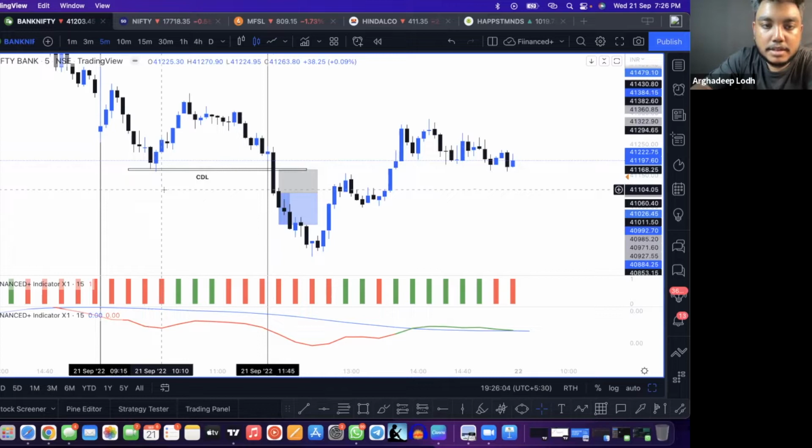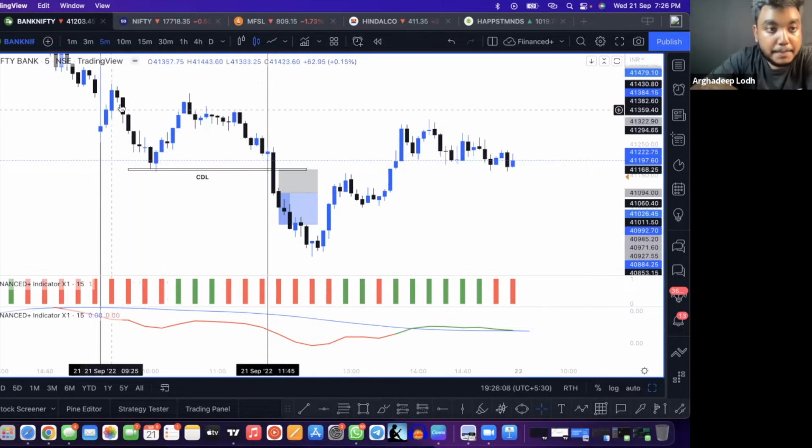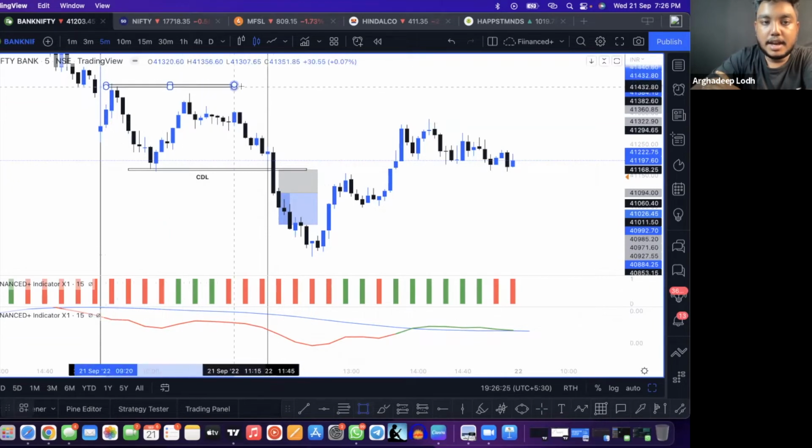Clear? Ekdam. Because till then, the lowest price point Bank Nifty reached was this level. So this is the current day low. Clear? Yes. And this is the current day high.